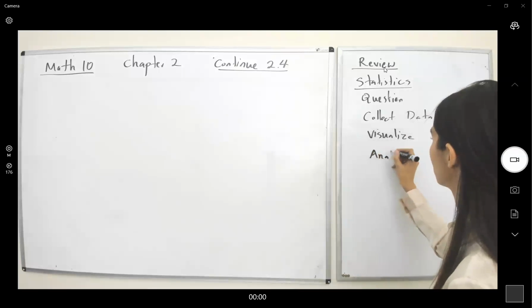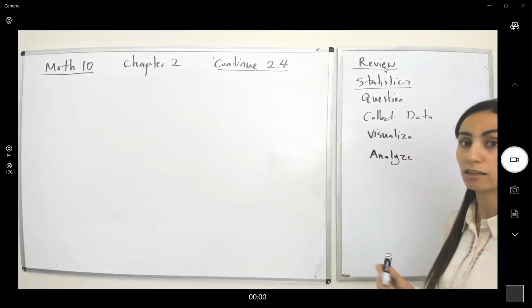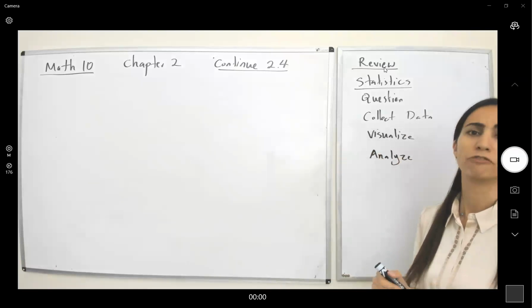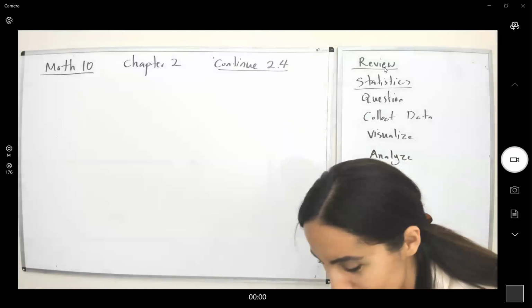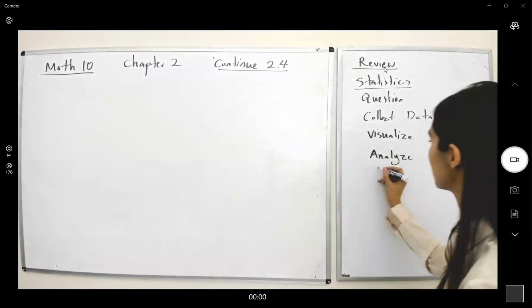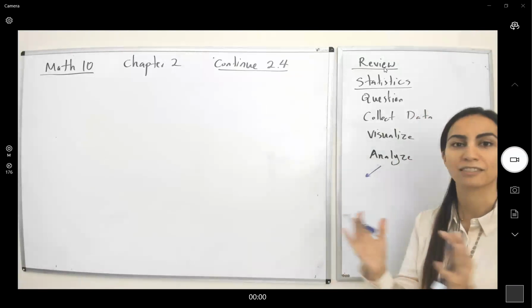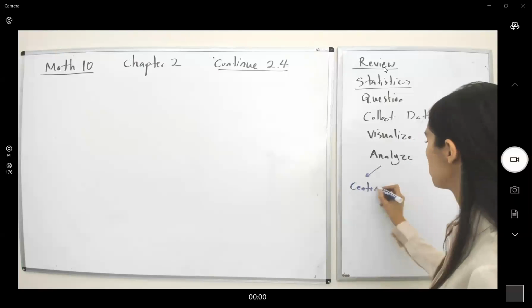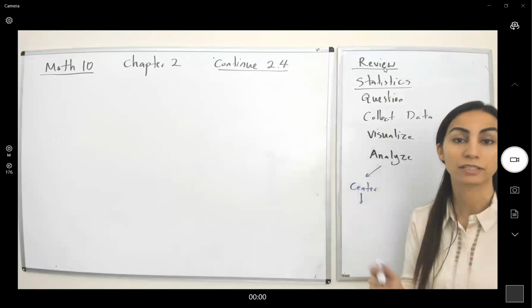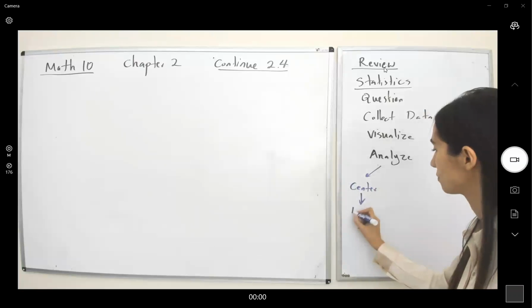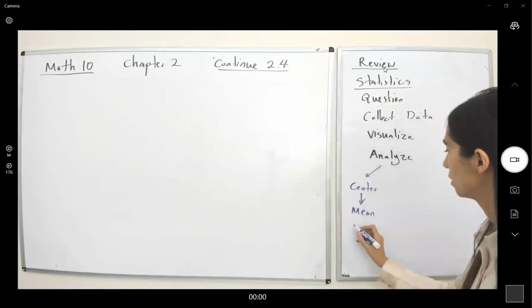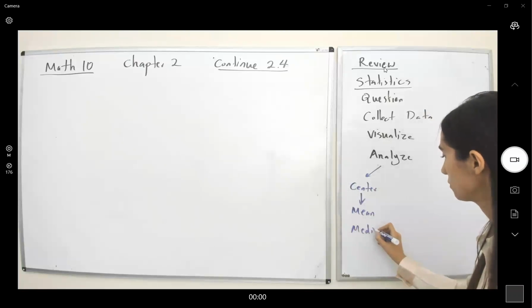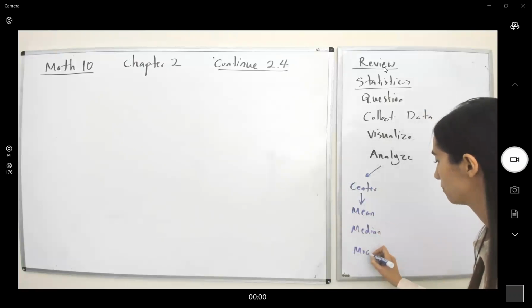Analyze the data. How do we analyze the data? First, we find the center. Where is the data centered, clustered? To find the center, remember that we talked about different things. We talked about mean, median, and mode.